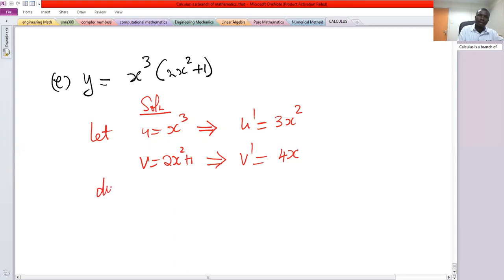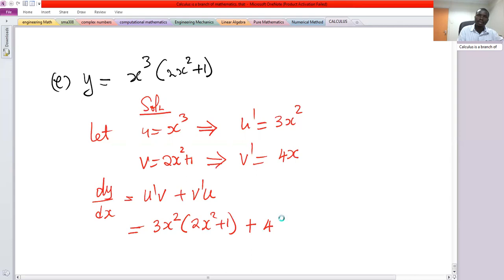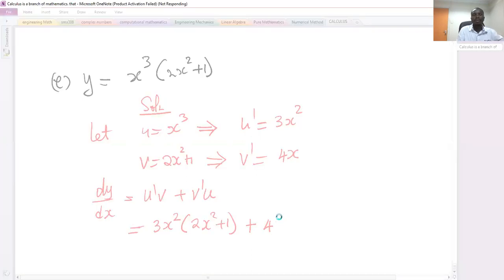So dy dx is given by u prime v plus v prime u. So substituting, we'll have 3x squared times v, which is 2x squared plus 1, plus v prime, which is 4x, and then you multiply by u, which is x power 3.